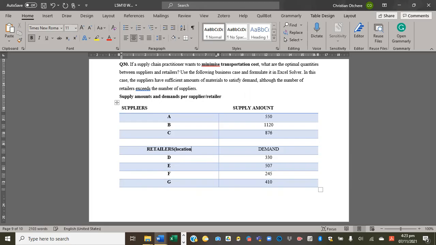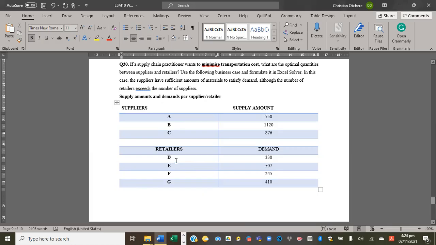But here it is suppliers and retailers. So it's just like the location. It's the same. Okay. So supplier A, supplier B, supplier C. We are all looking at them supplying to these retailers.